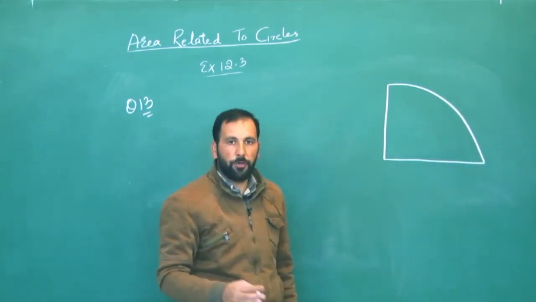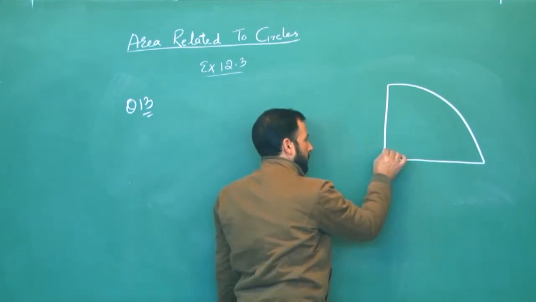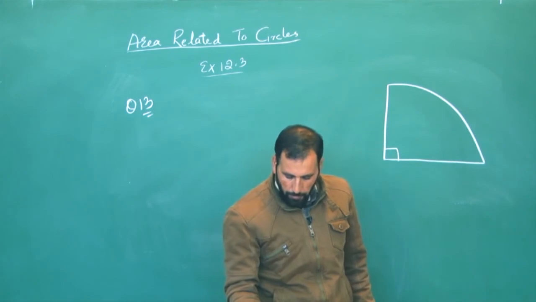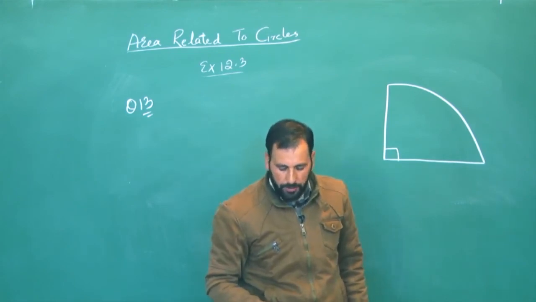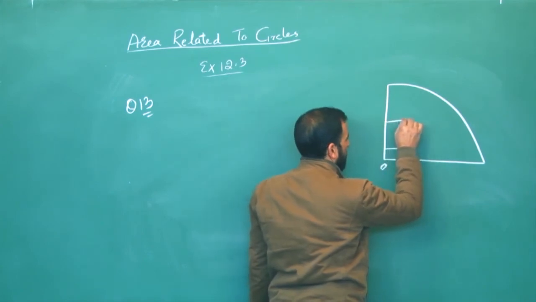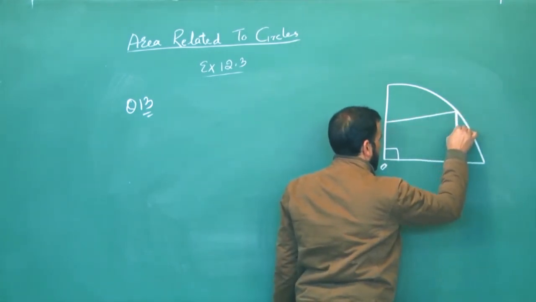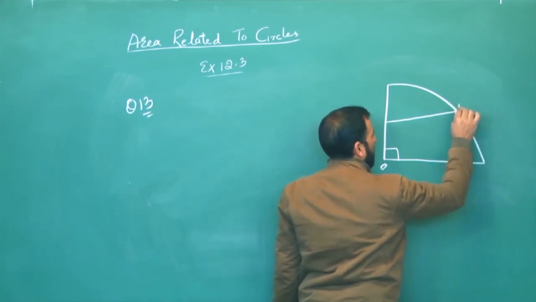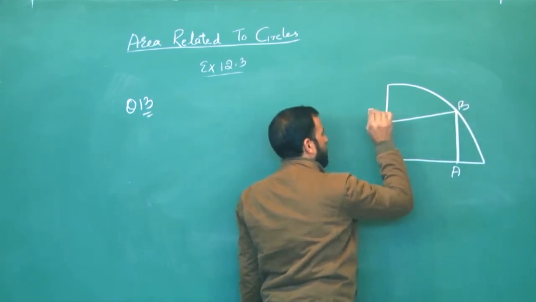It is a quadrant. If it is a quadrant, then this angle is equal to 90 degrees. And a square OABC. This is O. This is O, A, B, C is a square.